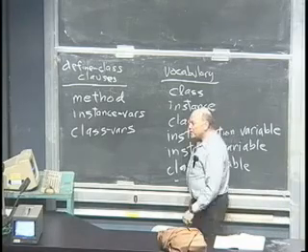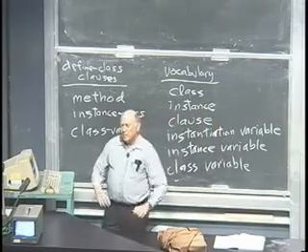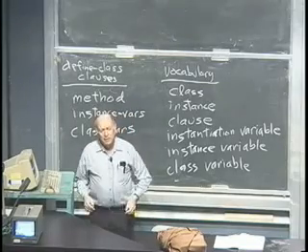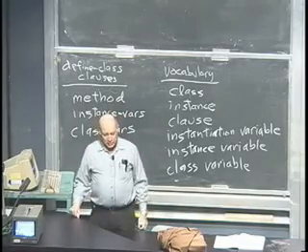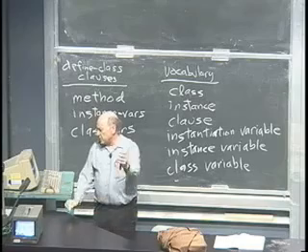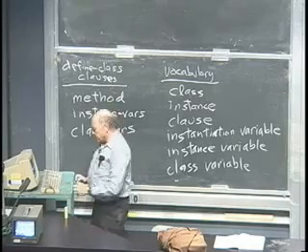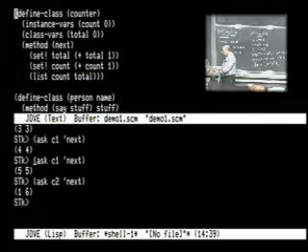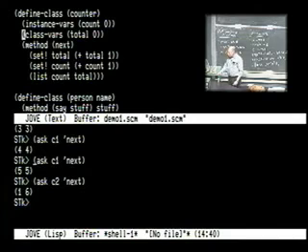A class variable is just like an instance variable, except that instead of each instance having one, the entire class has one. The syntax is the same as for instance vars. So if you look up here, we have an instance variable called count, whose initial value is 0. We have a class variable called total, whose initial value is 0.